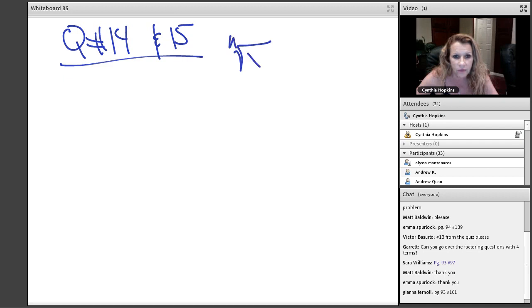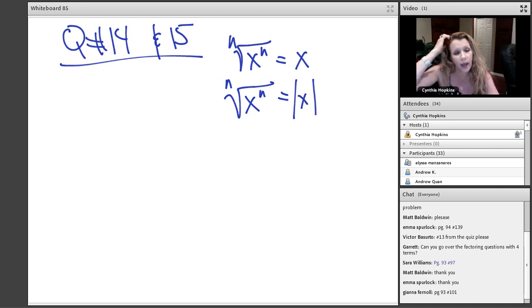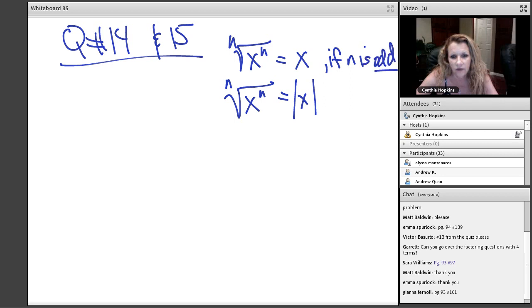If you have the nth root of x to the n, sometimes you get x, but other times the nth root of x to the n gives you the absolute value of x, and you absolutely have to know when each of these is true. For the first one where you just get x, that is true if n is odd. And for the second one where you get the absolute value of x, that is true if n is even.